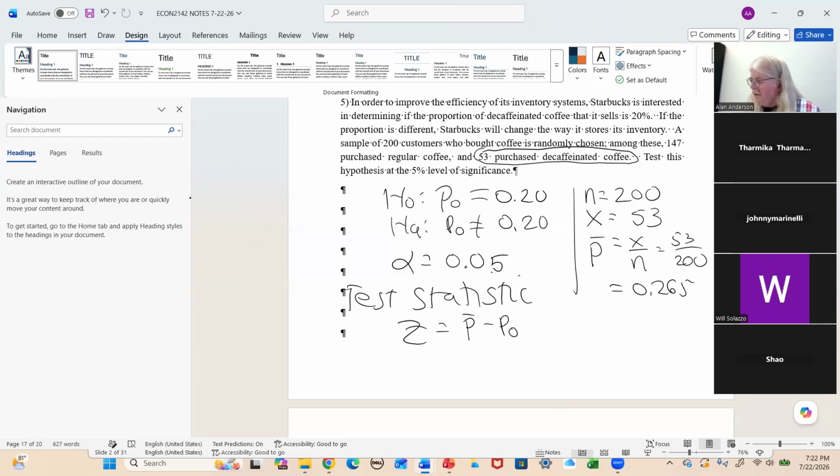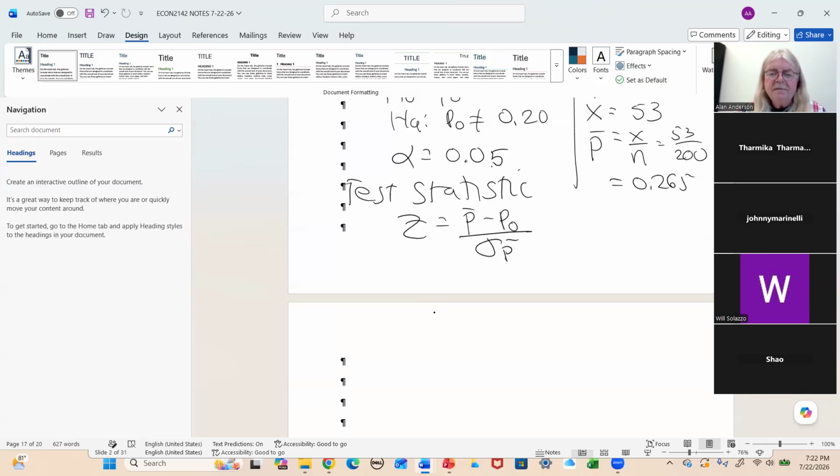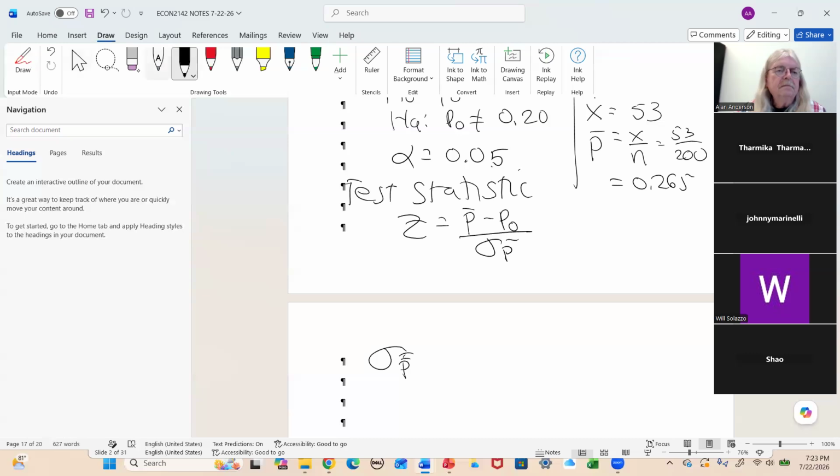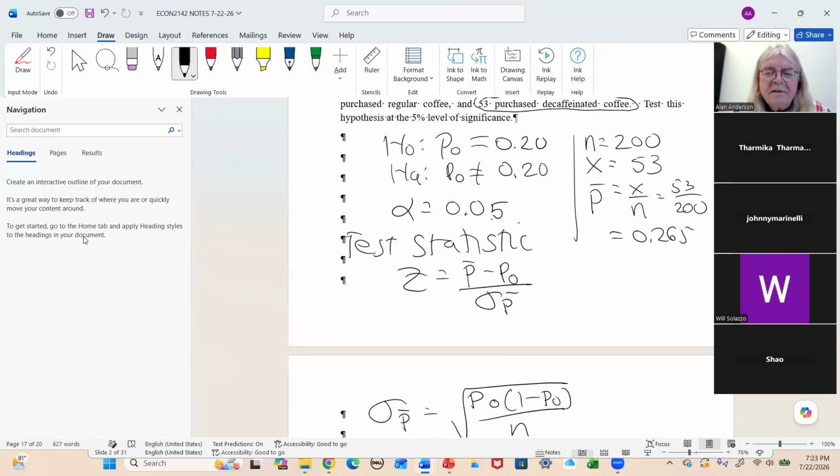So you're comparing the sample proportion with the hypothesized proportion. Down here, we have this term standard error of p bar, which itself is defined as... So it's p0. So here we have the hypothesized value p0 is 0.20.